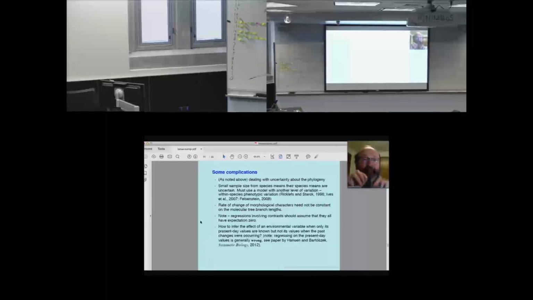The phenotypes you see today, let's imagine our environmental variable is temperature. And we have a series of species, and we measure phenotypes, and we measure the temperatures in the present day in those populations.